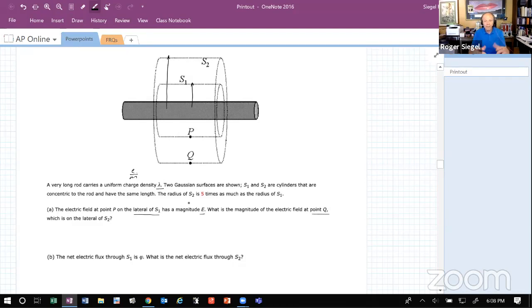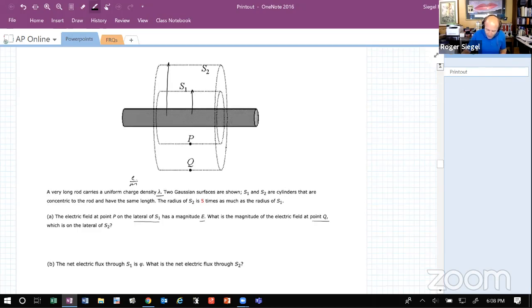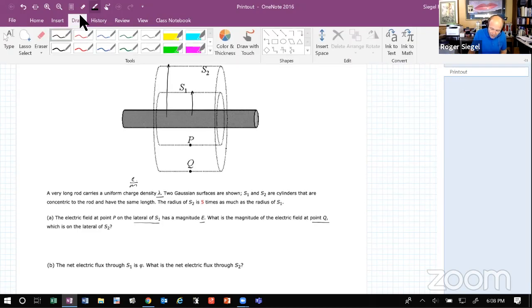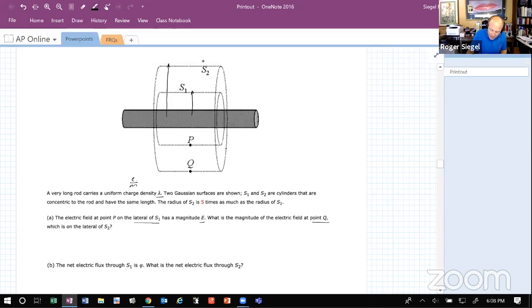So here are our two cylinders, our two cans, and we're going to find the electric field. If the electric field here at point P is, what did we say that was? That field is E. Then what is the electric field from the same charge at this point?